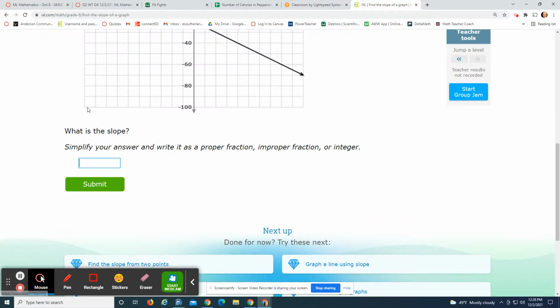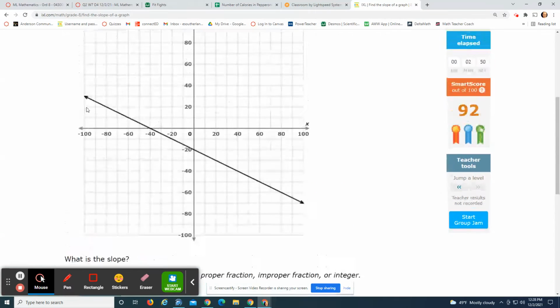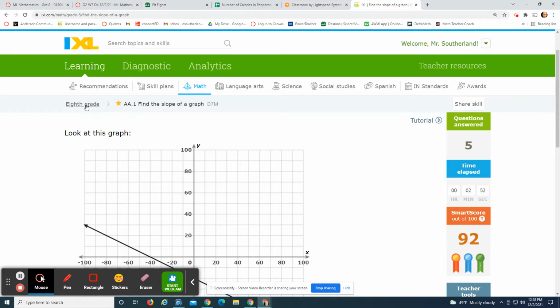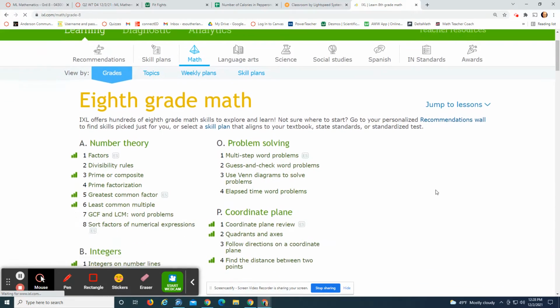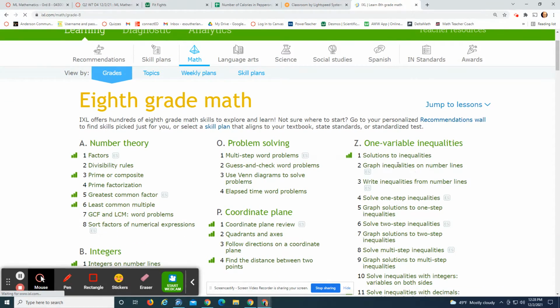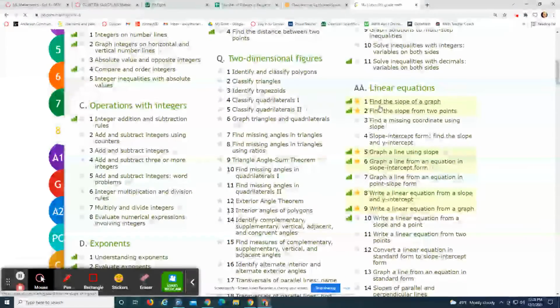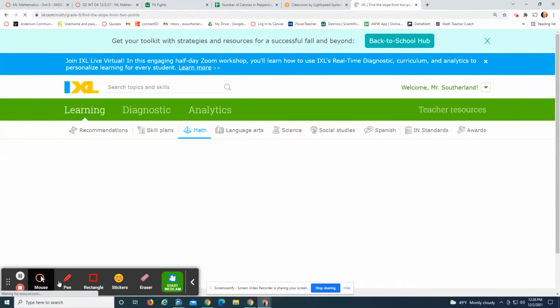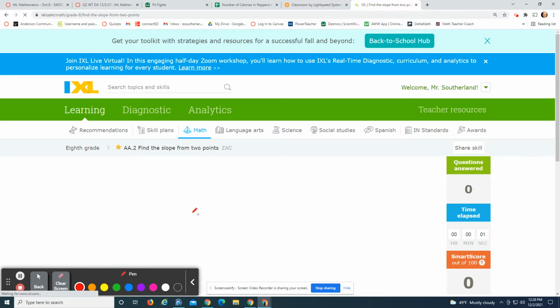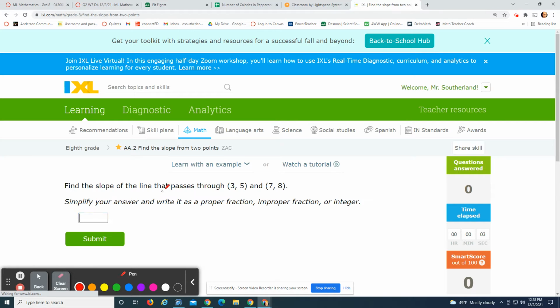When you're done with that one, you're going to go on to 8th grade AA2, which is right here. It says find the slope from 2 points. This is an equation. It just gives you 2 points, and then you have to use the formula.